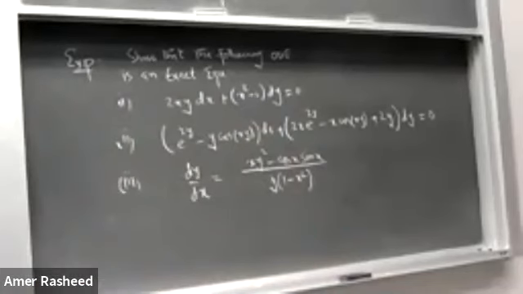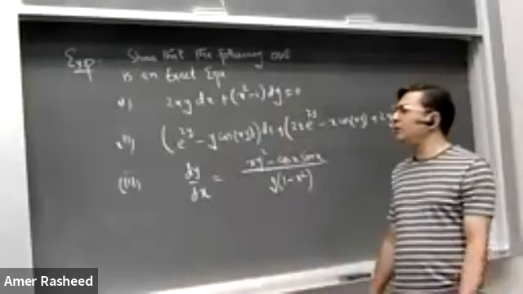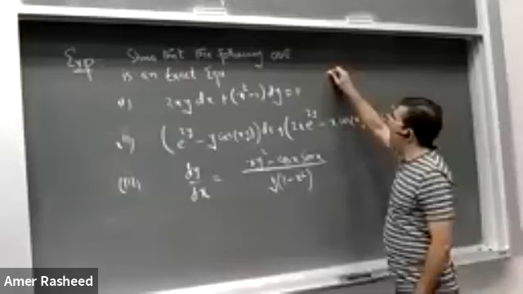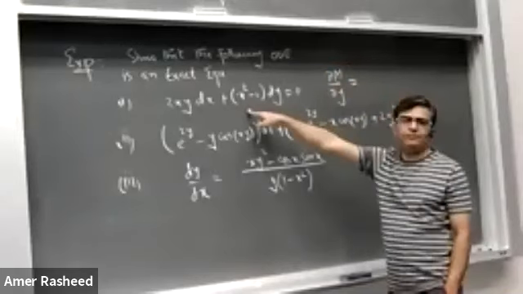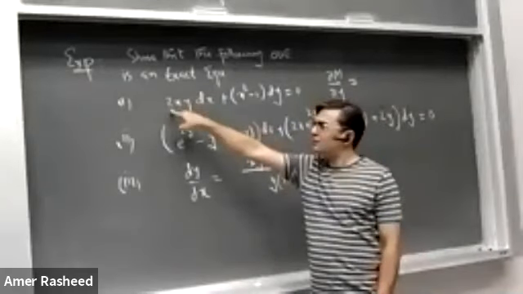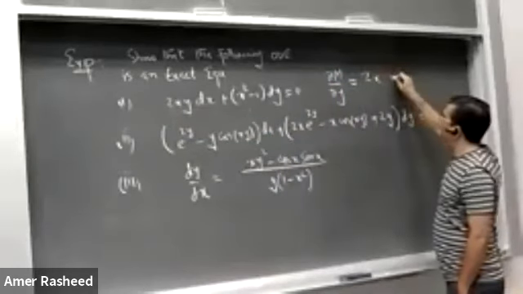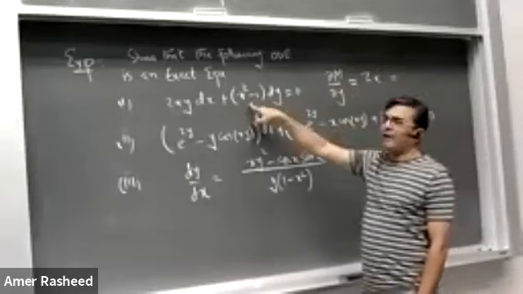Now, we need to show that these equations are exact. What do we need to do? Here, partial m over partial y is what? For equation 1, we take the partial derivative with respect to y, so it should be 2x. And what is partial n over partial x?